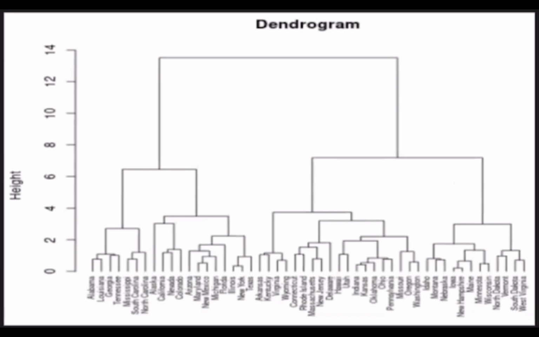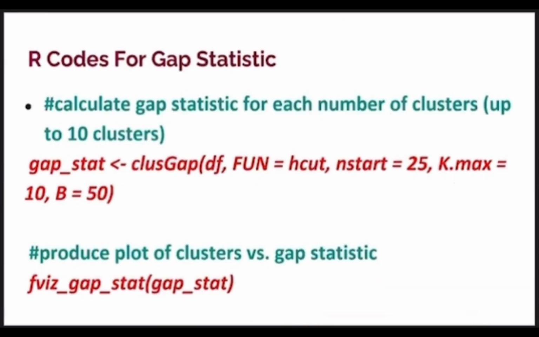What you see here is the variable of interest, height, and what you see here are the states in the United States. So this height is just the height of the dendrogram. Does that make sense?